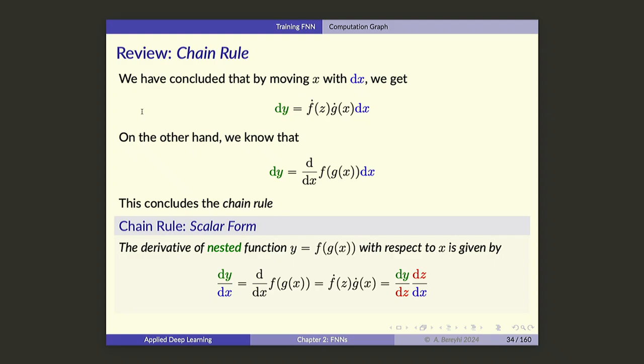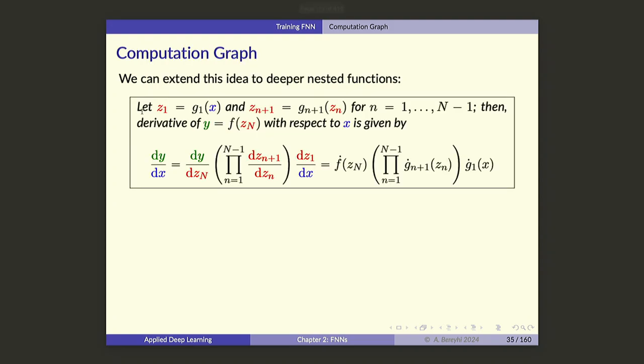So any change in y with respect to x, you can always chain it in any form that you want. In this particular example, you can say change in y with respect to the middle variable z times the change in z with respect to the input variable x. And you can expand it in a general form.